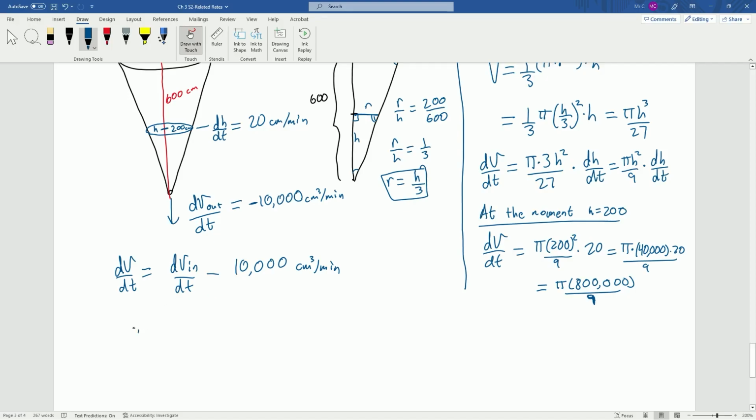So if I rearrange this, dV_in/dt should be equal to dV/dt plus 10,000. So if I take this number and add 10,000, and I've actually thrown it into the calculator ahead of time, that's going to be 289,253 centimeters cubed per minute.